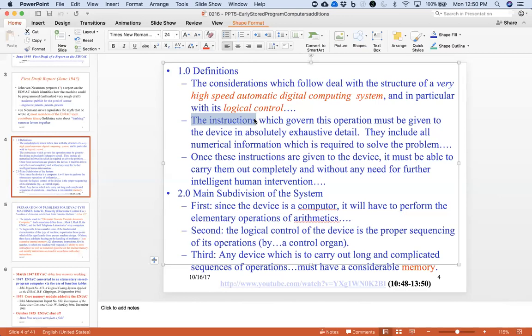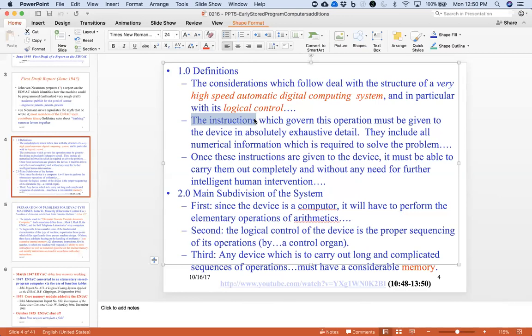Okay, so now what are the actual components of a computer system? This will probably not come as a surprise to you because I've kind of hammered home these ideas since we started the course. But the first is, since the device is a computer, it will have to perform the elementary operations of arithmetic.